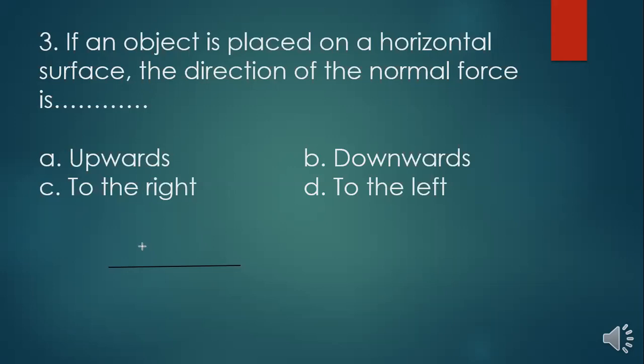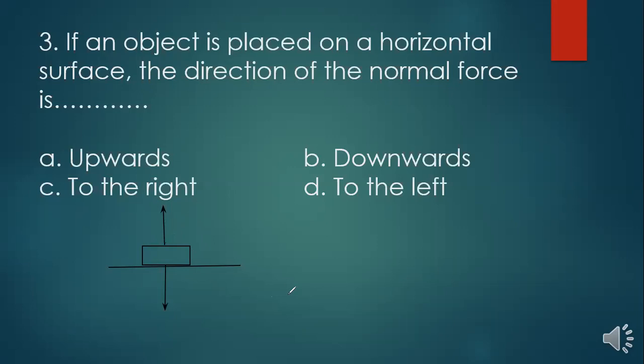So for example, if I have a box and this box is placed on a horizontal surface, as you can see here, this box now is affected by mainly two forces. One of them is called Fg, that's the gravitational pull downwards, and the other one is Fn, which is straight upwards, right?